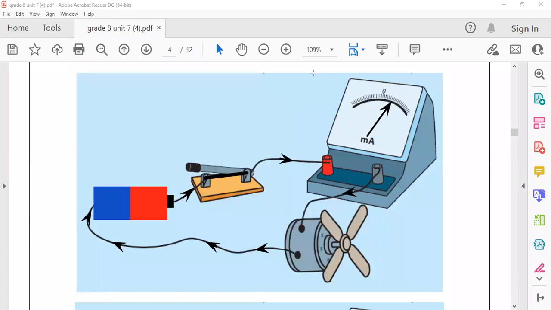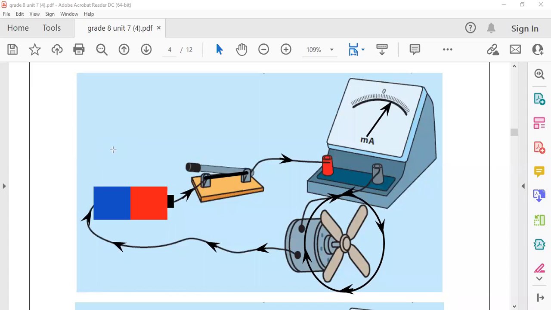Yes. Right. Say this motor at the moment is rotating in this manner. Say the motor is rotating in this manner.